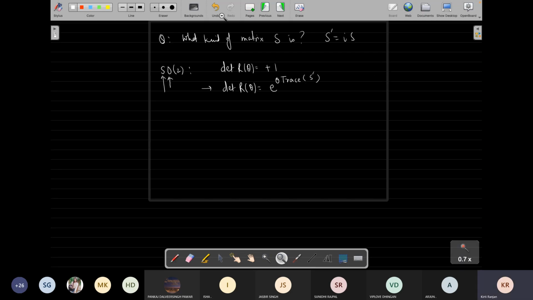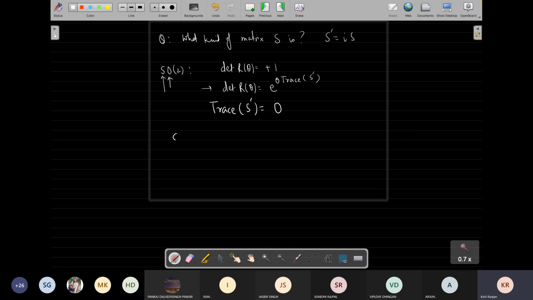I'm so sorry. Now that the determinant of R theta is equal to +1, and knowing the relation that determinant of R theta is given by e to the power theta trace S prime, what will you say about the trace of S prime? Sir, 0. Trace of S prime will be 0.